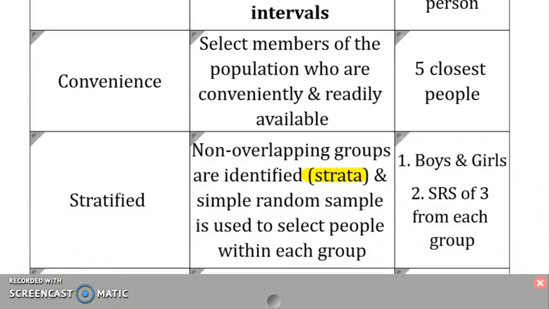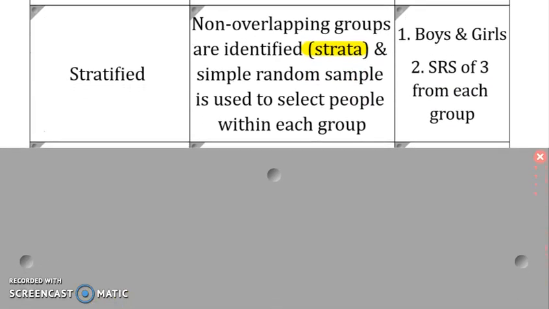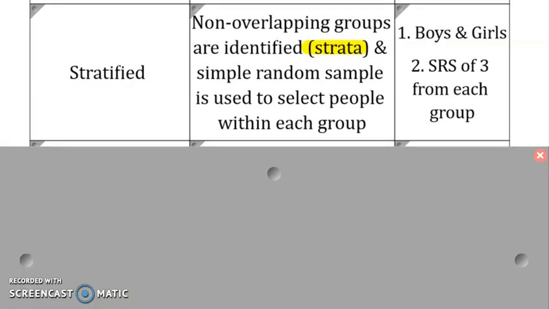Next up is stratified, and I should mention the following two tend to get confused, so I'm going to do my best to create an example to help clarify. Stratified is when you create different groups. You group the population somehow, and then within each group, you randomly select 3 or 4 or 5 or 17 people from each group.